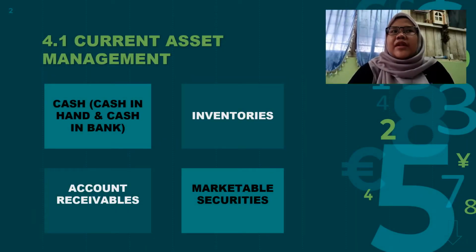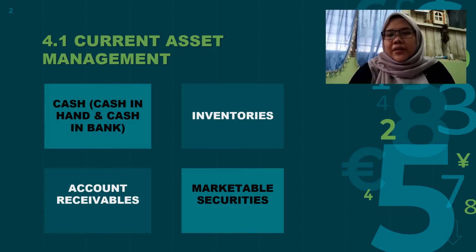Okay, for management of working capital, we have a few elements, and the first element is current asset management, which has 4 important things: cash, inventories, account receivable, and marketable securities. In cash, there are 2 types of cash, which are cash in hand and cash in bank.